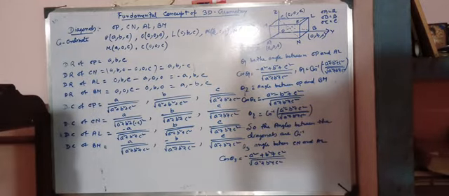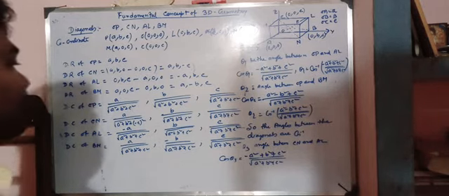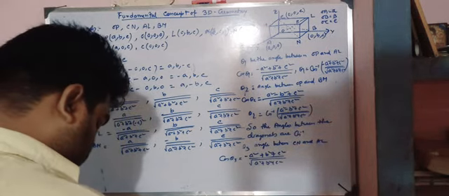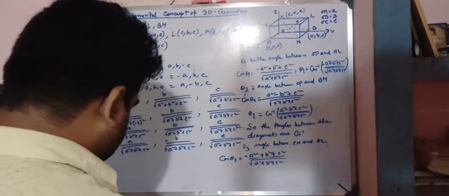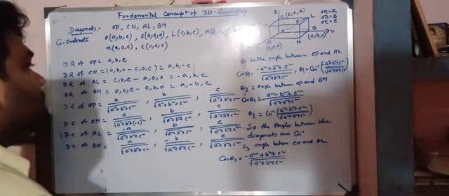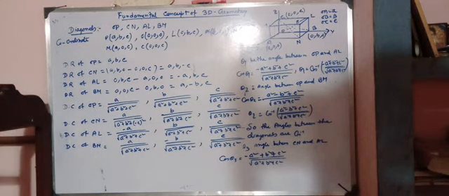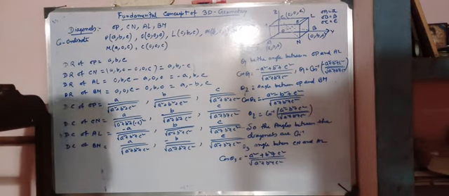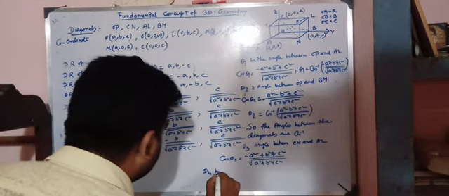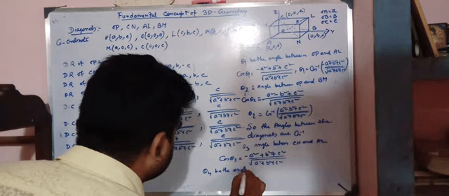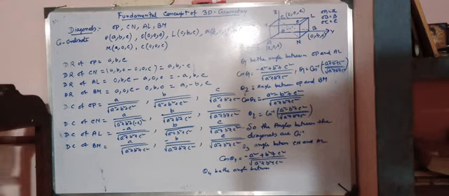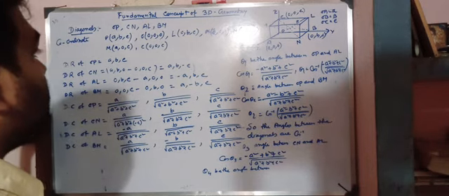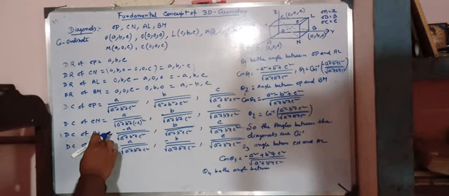And again let theta 4 be the angle between AL and BM.